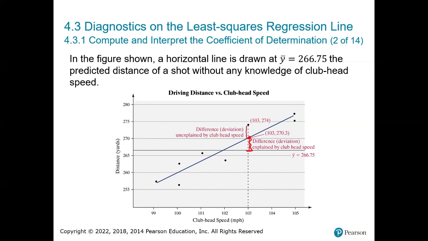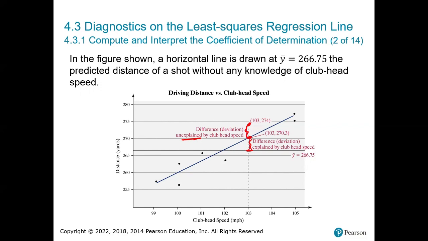We expected from our average to go this much. This difference is explained by our club speed. Now, because we've gone above here though, and my actual is up here, this difference is unexplained. We don't know why this one went a little bit further.